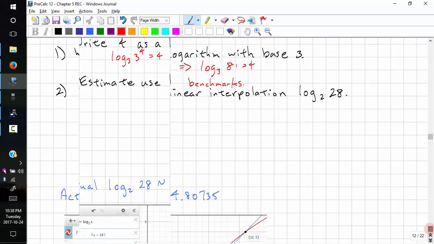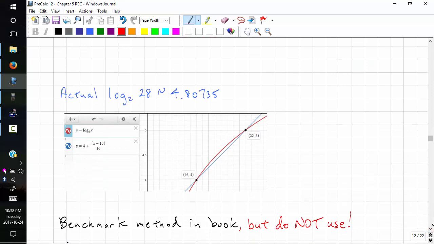And this is what we're trying to do. We're approximating the log function here. This is log 2 of x, and we're using the perfect powers that are bounding the value that we want. So if we're looking at log 2 of 28, we need 2 to the power of 4, which is 16, and 2 to the power of 5, which is 32.